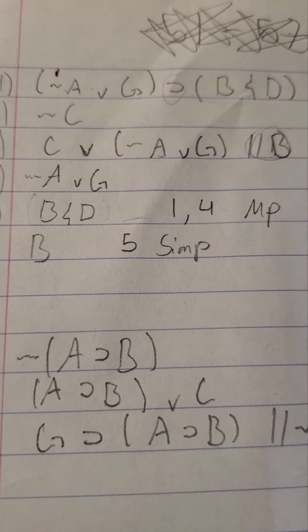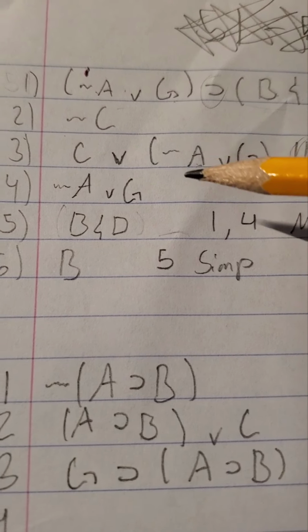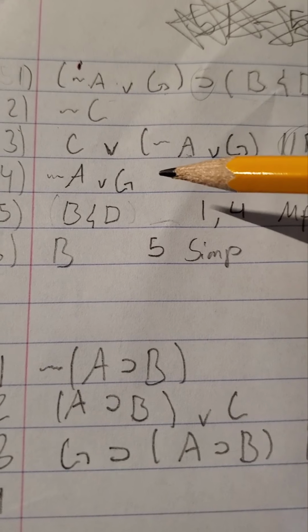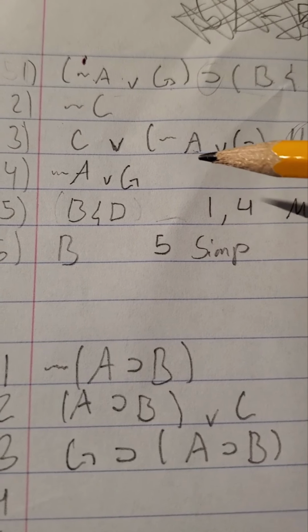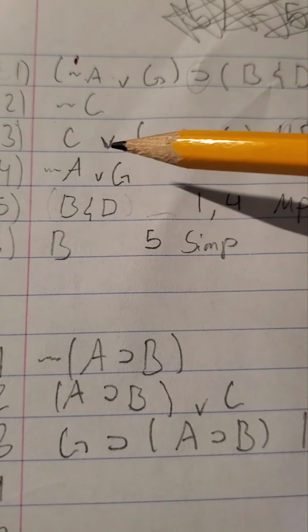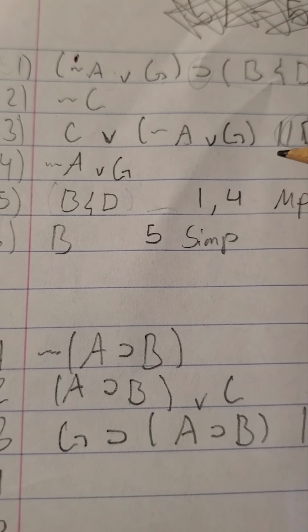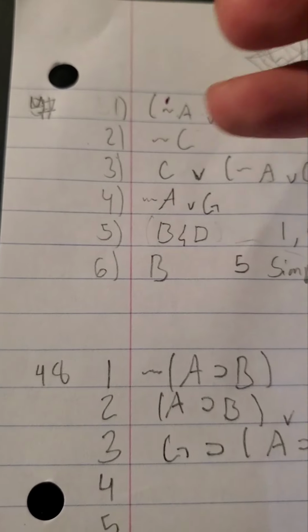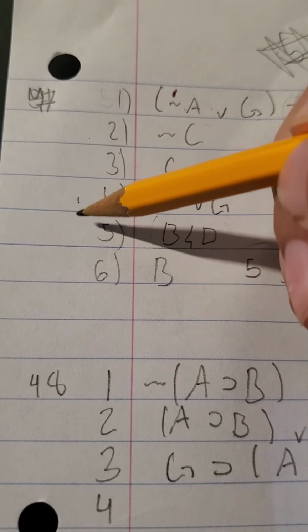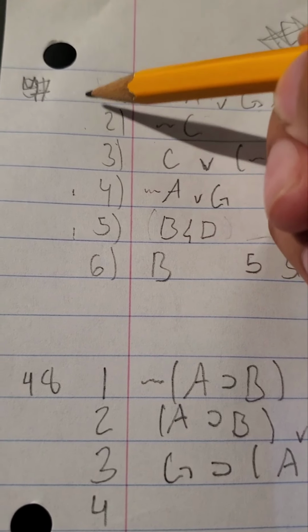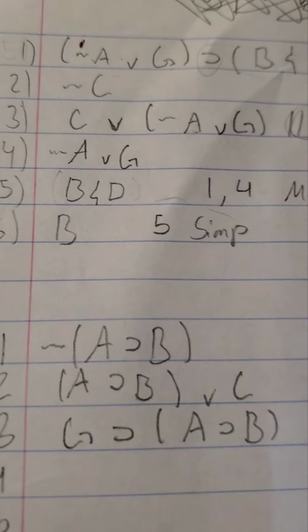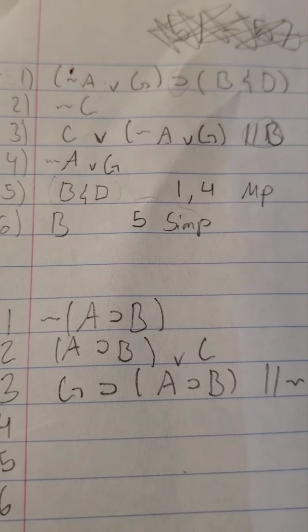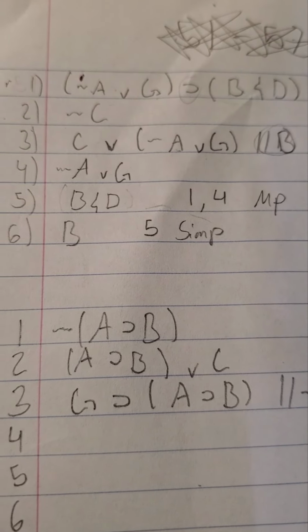So now that we have that, we have AG, we sort of have to prove it. So we've used up lines 1, 4, and 5. So 4, 5, what was it, 1? Yeah, so now we have 2 and 3. Some of them will have to repeat.